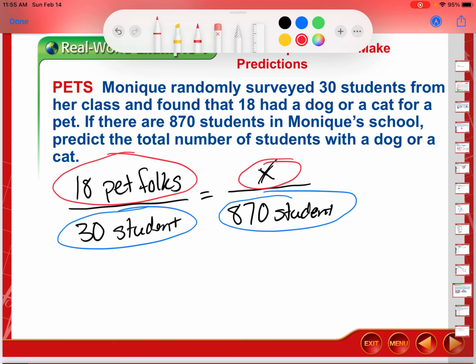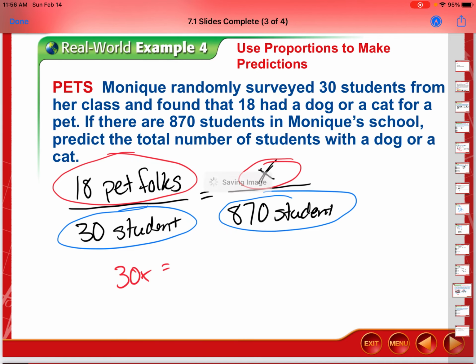So to solve this, we would of course cross multiply, so we'd get 30x equals 18 times 870, which is 15,660, and then we would go ahead and divide this by 30. We divided by 30, and we found out that x would be 522.